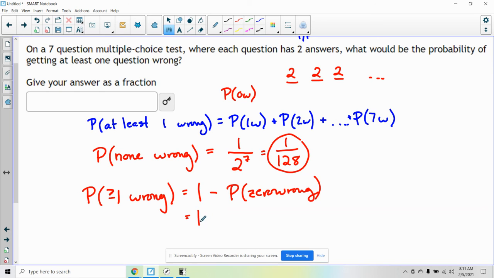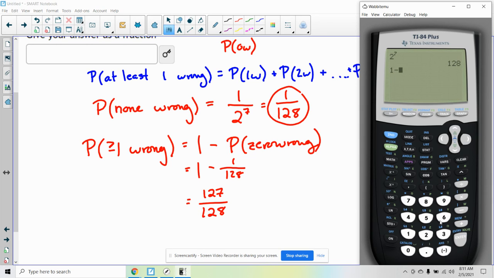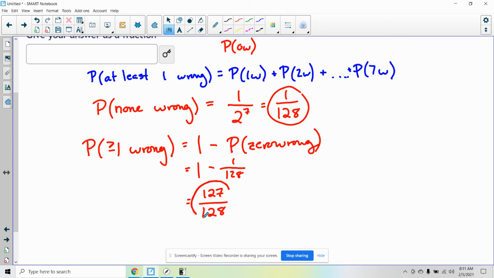So we'll have 1 minus 1 over 128, which will just give me 127 over 128. You can do that right in your calculator. I'll just do 1 minus 1 divided by 128. And I'm going to hit math right here, math, and the fraction button. Enter. There's your answer. 127 over 128.